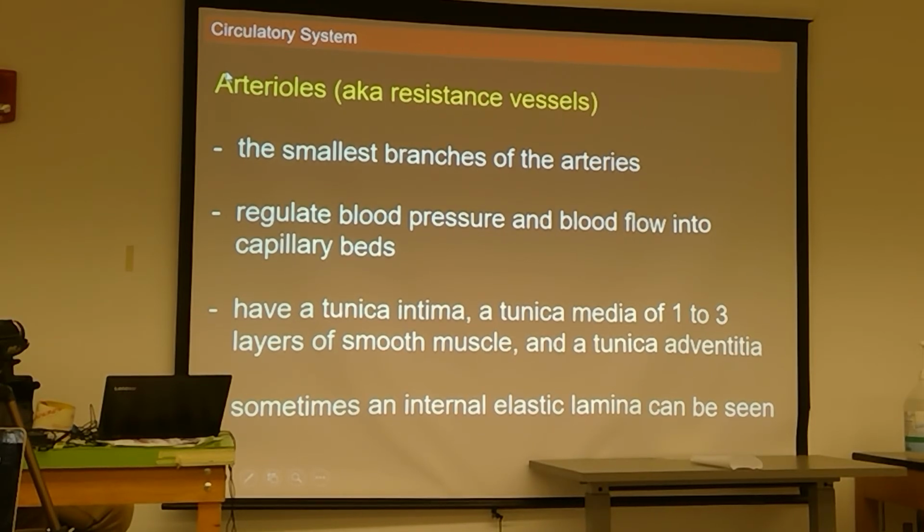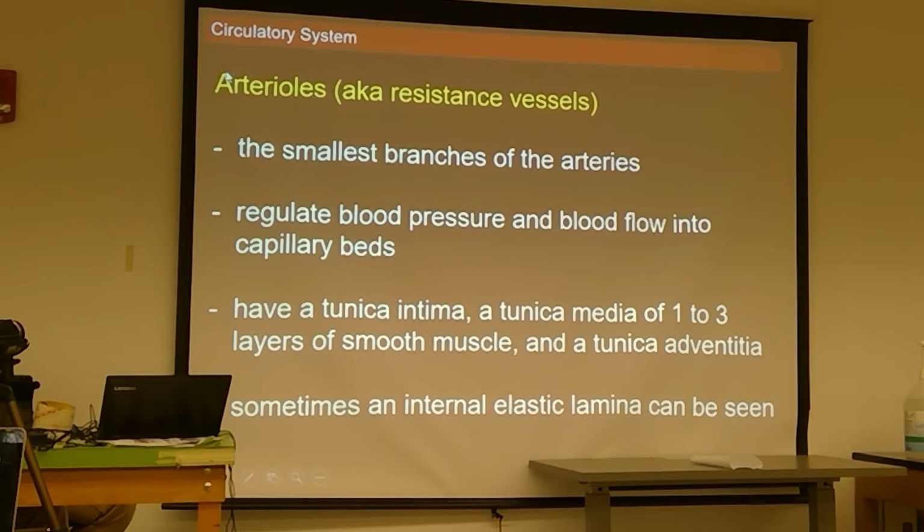So they still have the same structures that we've been talking about, right? But with this one, specifically the arteriole, which I mentioned earlier, these are going to have 1, 2, it says 3 layers, but more like 1 to 2 layers of smooth muscle. So that's going to be your biggest difference between the arteriole and the muscular arteries.